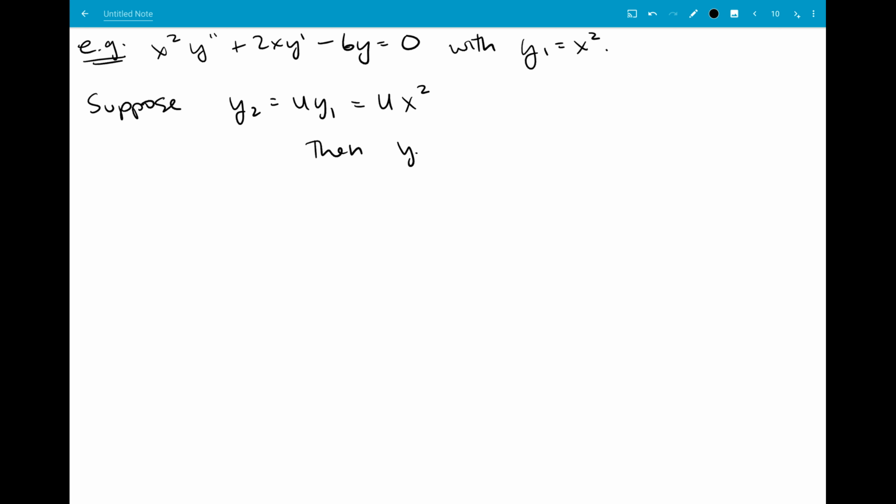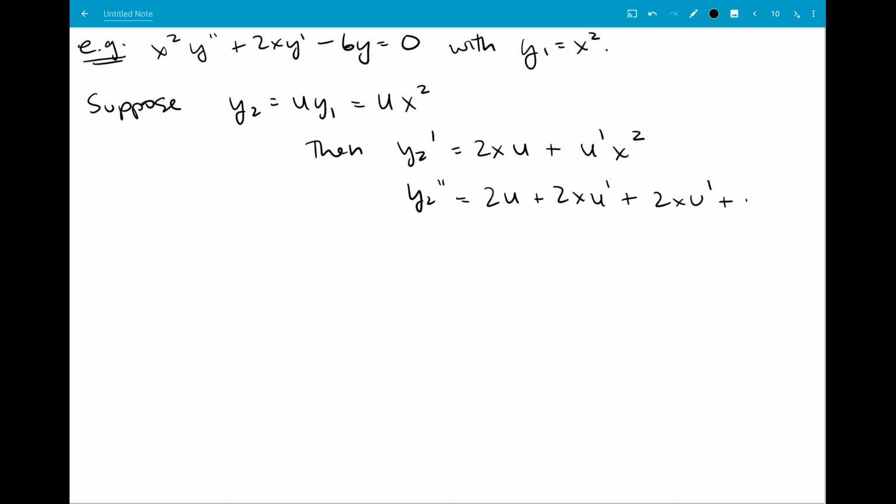Then y2 prime would be 2x times u plus u prime x squared. And y2 double prime would be 2 times u plus 2x u prime plus 2x u prime plus u double prime x squared.